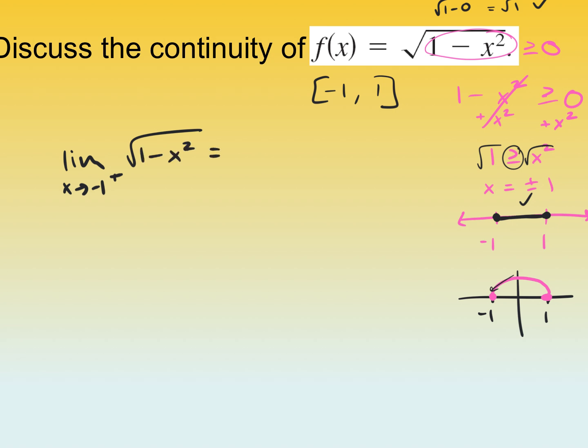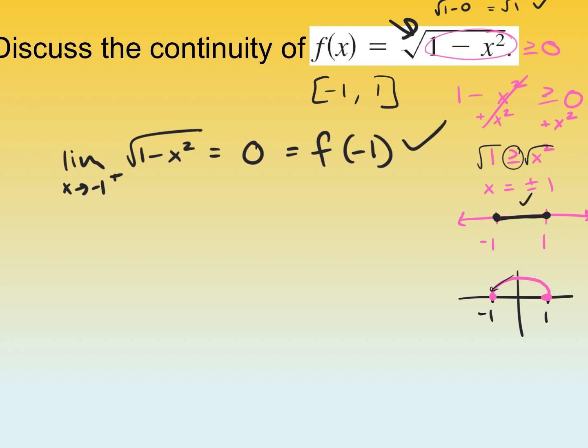If I plugged in -1, what would we get? Or if you look at the graph, what's our y value as we approach -1? 0. Is this the same as f of -1?